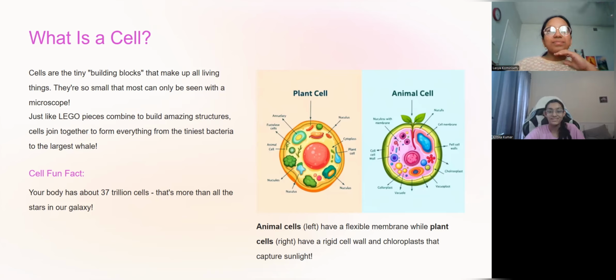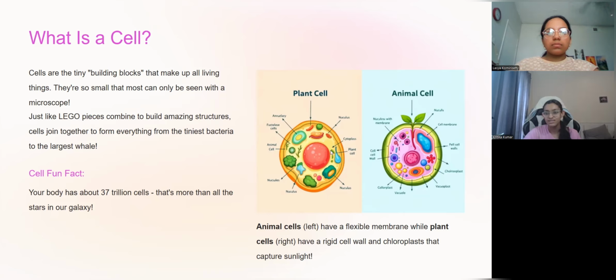That's crazy, isn't it? Now let's look at the difference between plant cells and animal cells. Animal cells have a flexible membrane, while plant cells have a rigid cell wall, so they usually look kind of like a cube rather than a circle.